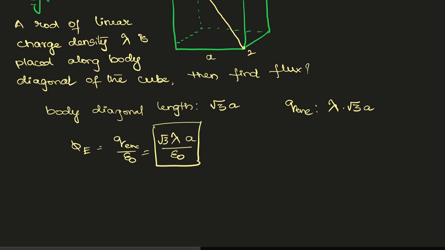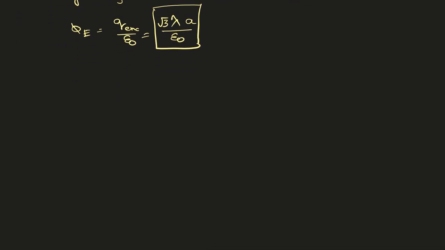Or else, one more example I can give. Just look at this example. There is a sphere and a wire of linear charge density lambda is passing through one of the chords of the sphere such that this radius vector is making an angle 60 degrees.